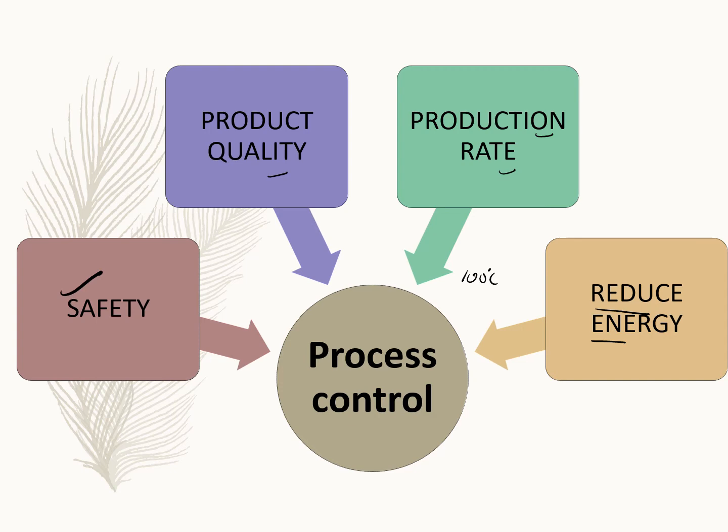So if we use process control and we set the desired product output at 100 degrees Celsius, this control system will take action if the system goes beyond 100 degrees Celsius, for example 150 degrees Celsius. Every time the process goes beyond that, the power supply will cut off. So the energy will not be wasted, right? Because it will be used optimally in order to achieve the targeted value.